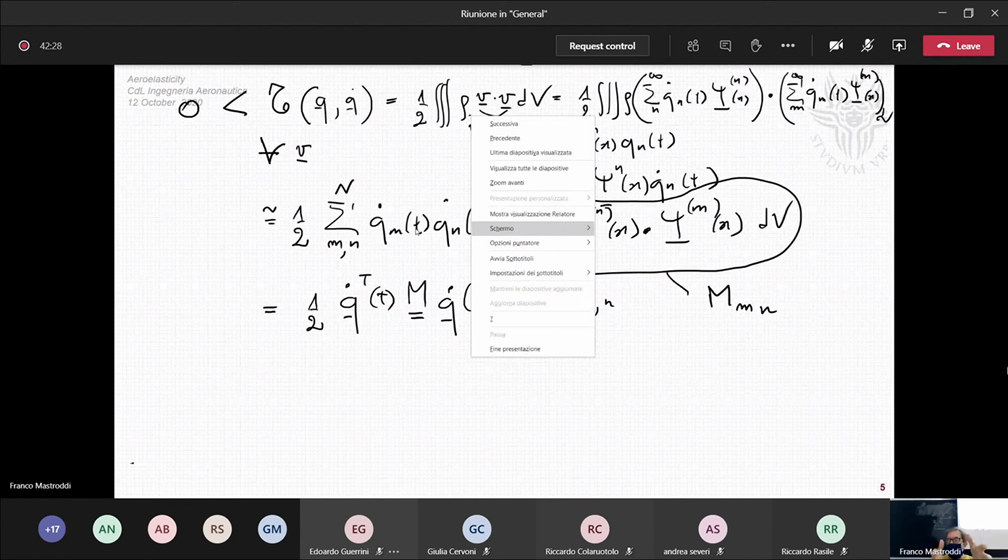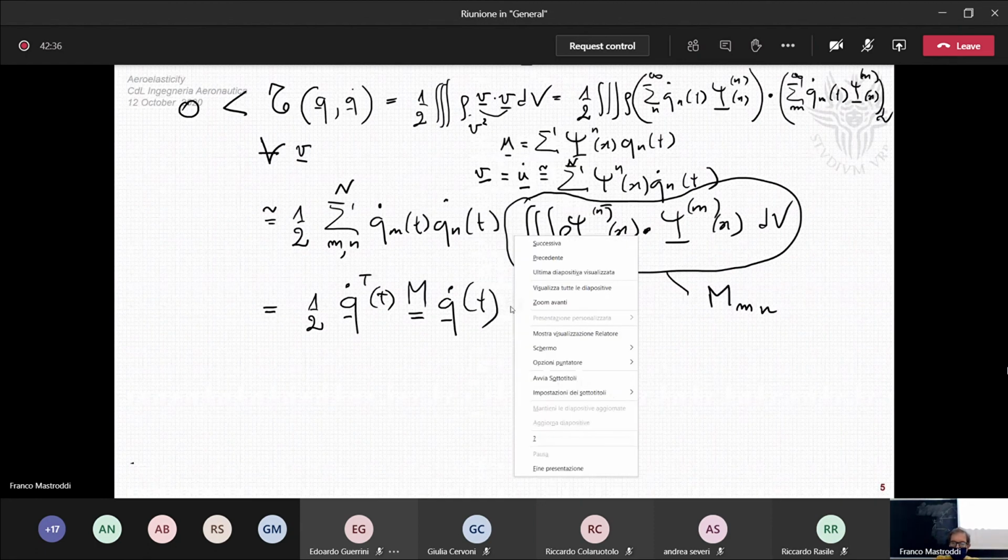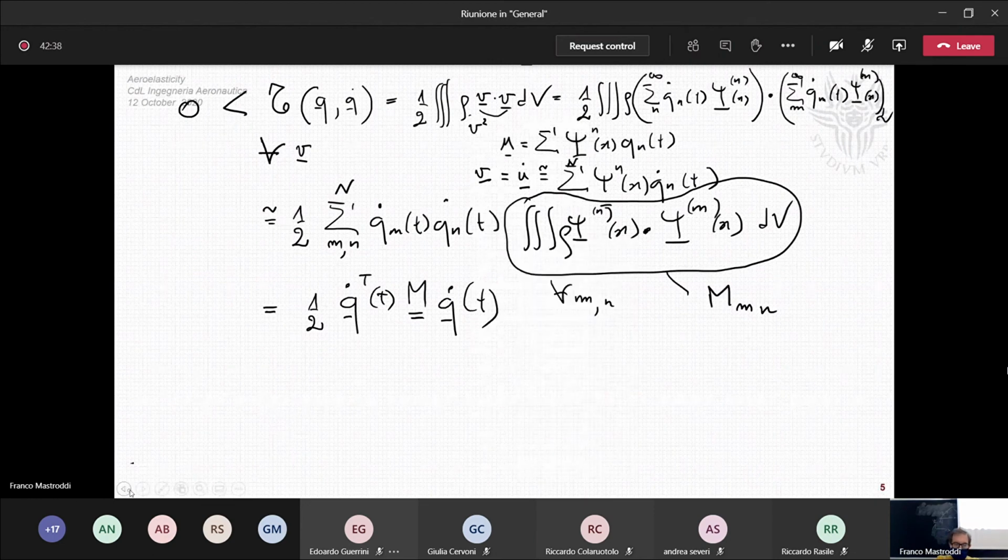Impose this property in the discretized form. How can you recast this quantity to be greater than 0 for any state? In the continuous variable, the state is the velocity field V. But now, the state is the q n quantity, represented by the q n dot quantity.